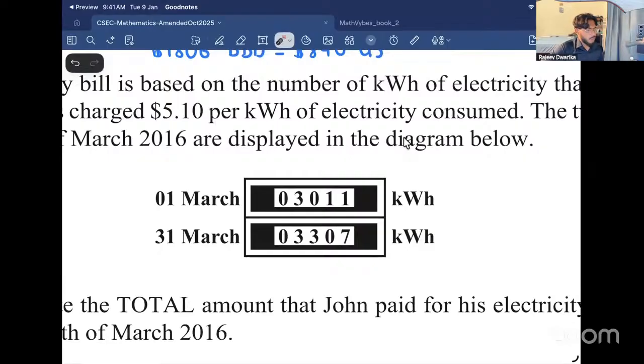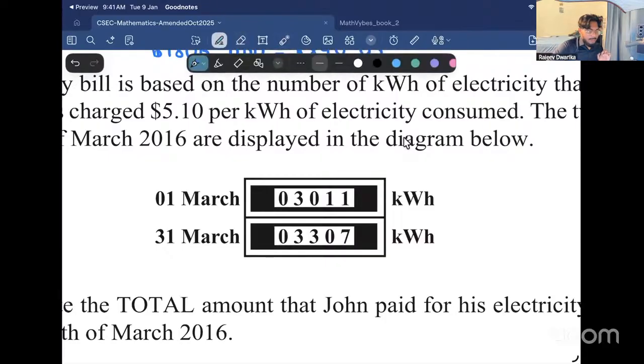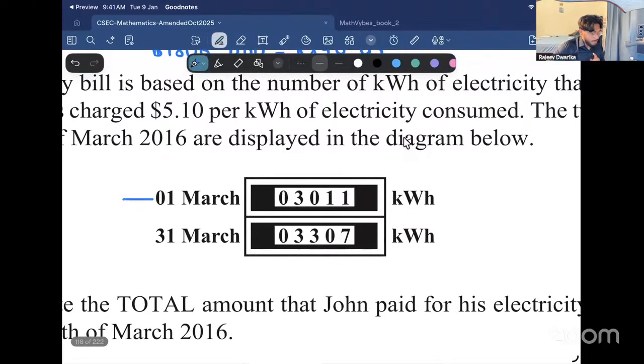Okay, let me explain something. This would be at the start of the month, right? And the 31st of March would be the end of the month. How much electricity did you consume between those time periods? You want to take it away.